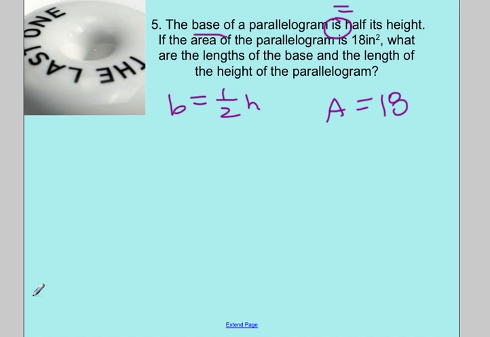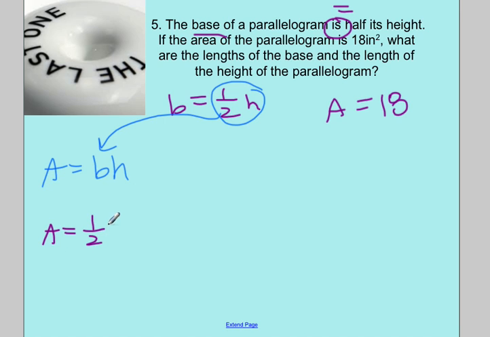So you have to remember the equation for area of a parallelogram. Base times height. Okay? I know what B is, so I'm going to plug it in for B. So my area is equal to 1/2 H times H.